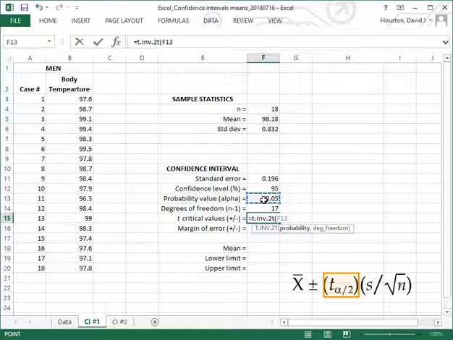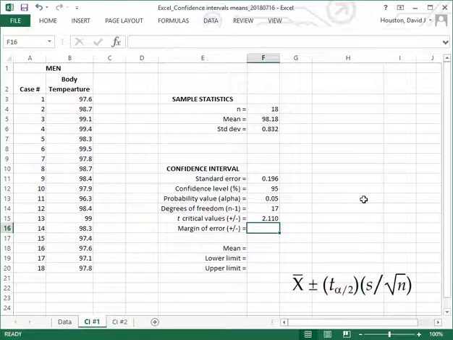So we identify what the probability value is, somewhere between 0 and 1, comma, and also then the degrees of freedom. And we see the critical values are plus and minus 2.110.